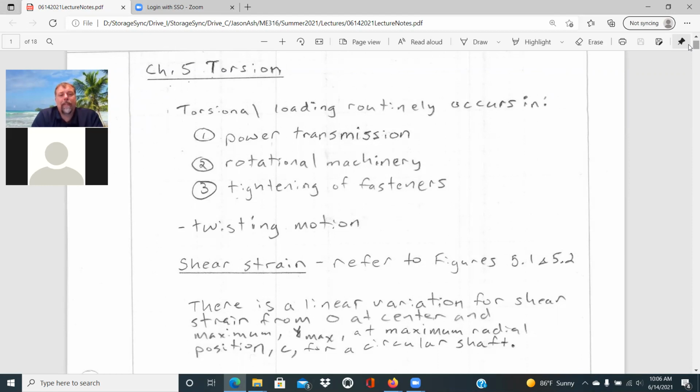And then also think about tightening of fasteners. You torque those down to a given specification. And so those all develop direct shear or torsional shear stresses in that process. So just think of anything that involves a twisting motion.